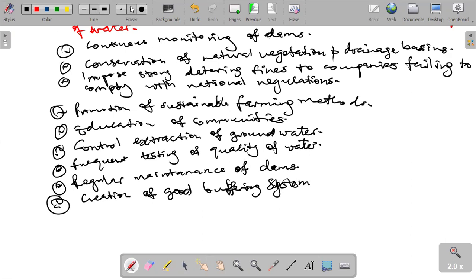I think buffering zone can be the best. Creation of good buffering zone, which is very important, around slurry dams. Buffering zone around slurry dams.